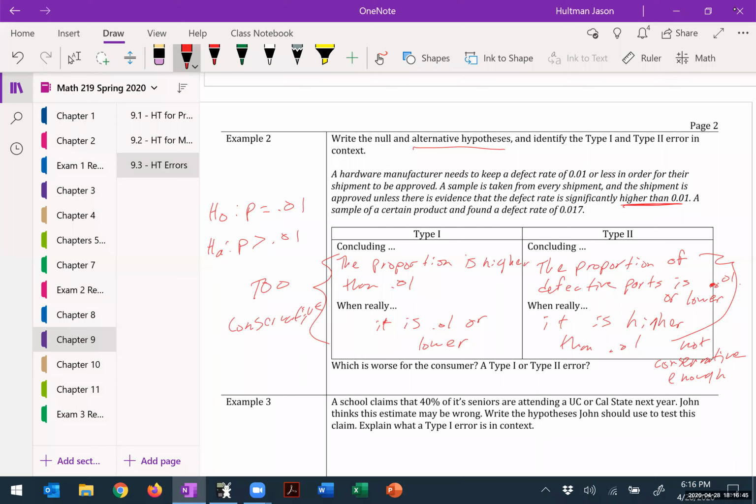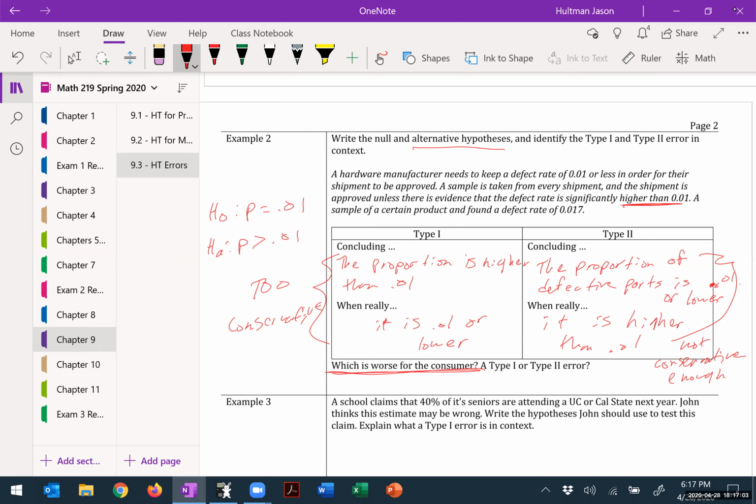Now, which is worse for the consumer? Okay, we got to think about the producer. For the producer, type 2 is better because we're actually selling stuff that we shouldn't sell.